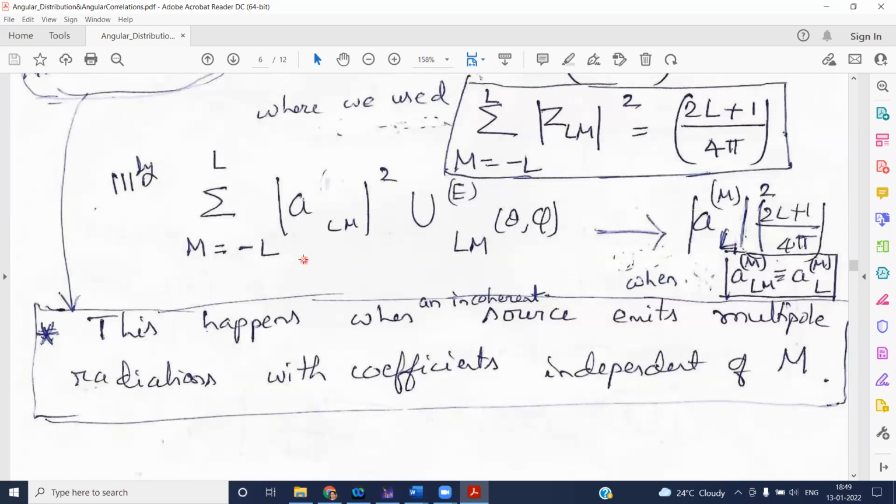Whatever source you have in your laboratory is an incoherent source. If you try to do an experiment on angular distribution with any incoherent source, you don't get any information on the multipole value. Our aim is to obtain the multipole value of a radiation which is coming from a nucleus.